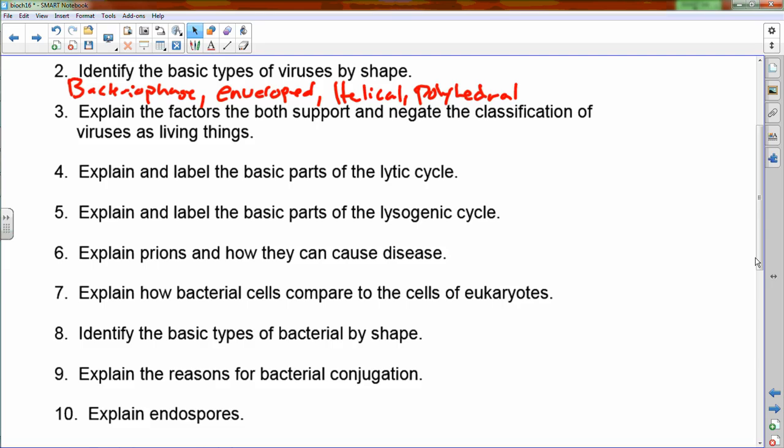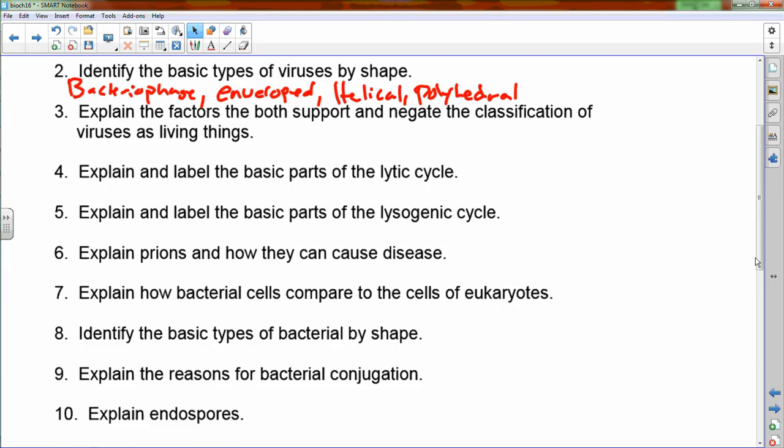We want to talk about the things supporting the idea that viruses are alive. They can adapt to their environment. A bunch of people have already said they can evolve. The other main one is the non-random structure.